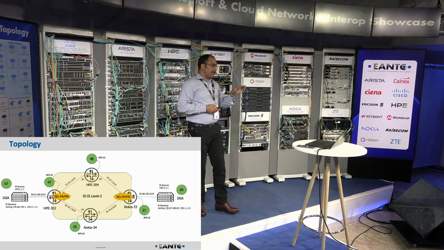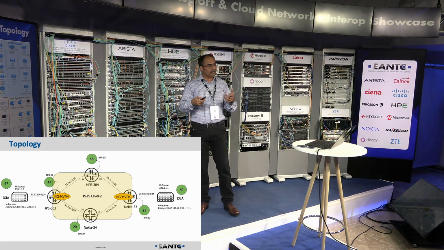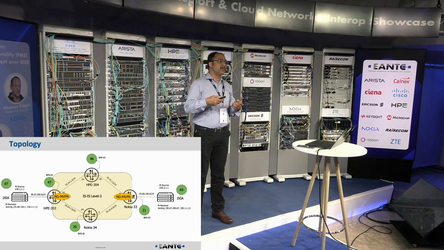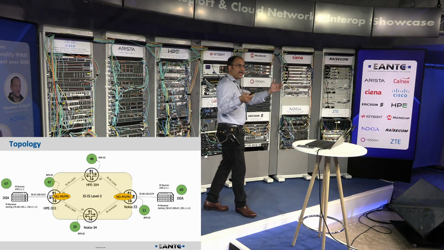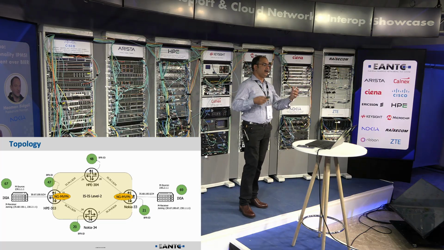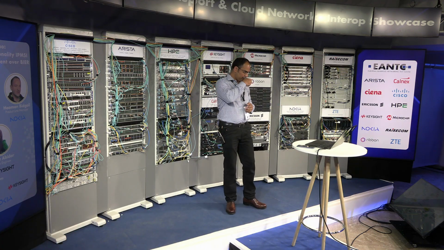One node from HP acts as a source, basically performs the encapsulation part as well as the decapsulation part. One node from Nokia performs the same encapsulation as well as decapsulation. So we have encapsulation and decapsulation happening on both Nokia and HP nodes, and one node from each of us will perform the transit functionality.